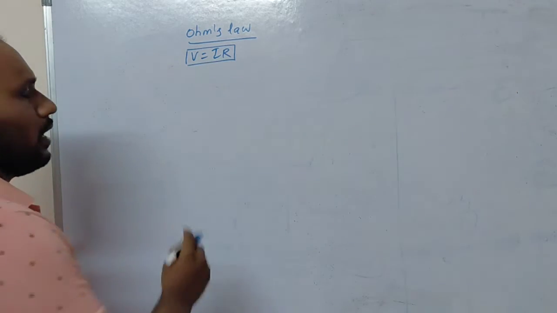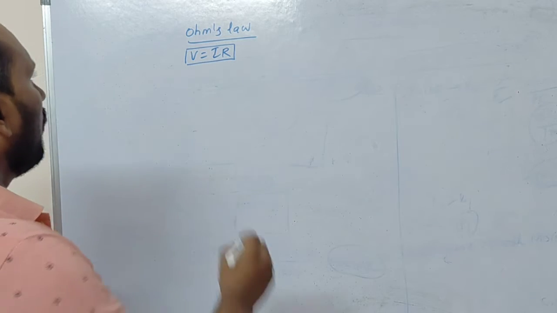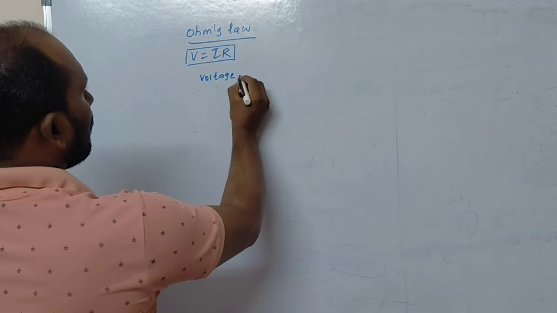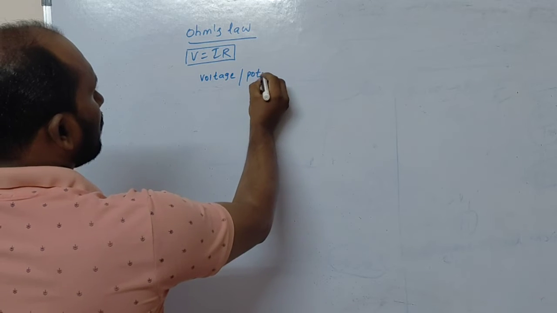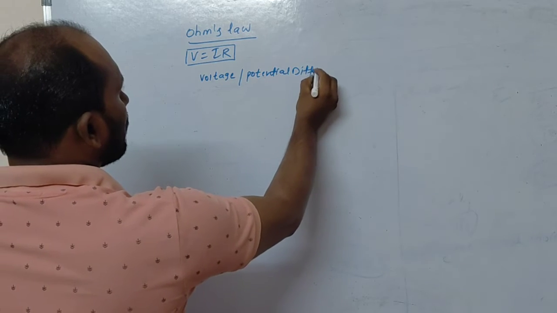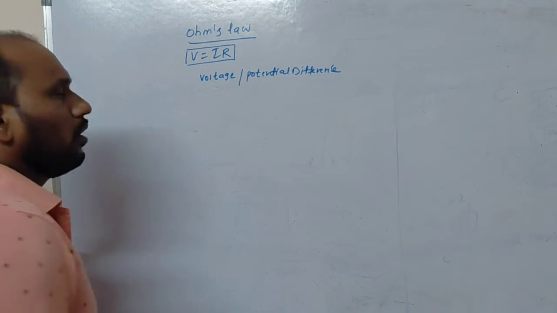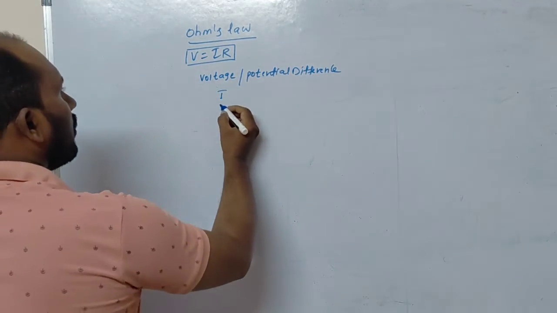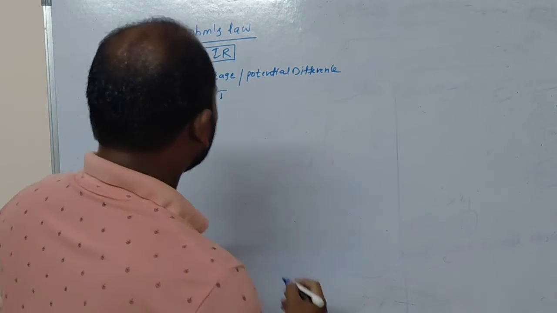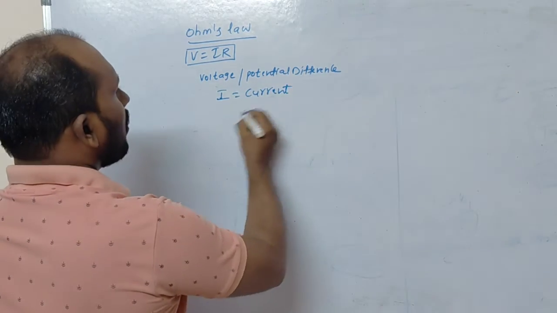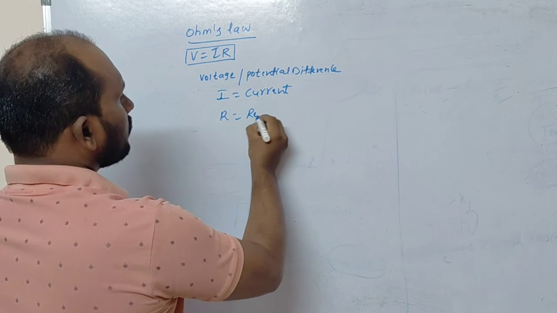V is equal to IR is Ohm's law, where V stands for voltage or potential difference, I is equal to current, and R is equal to resistance.